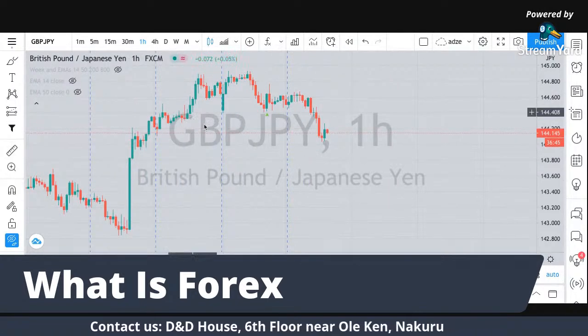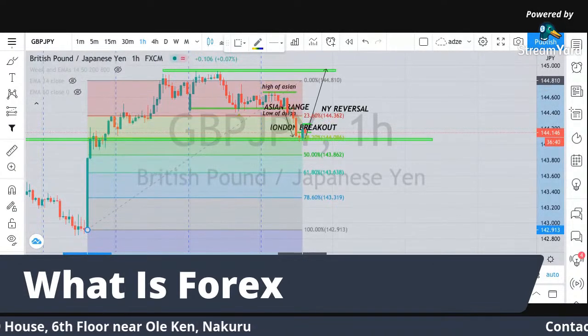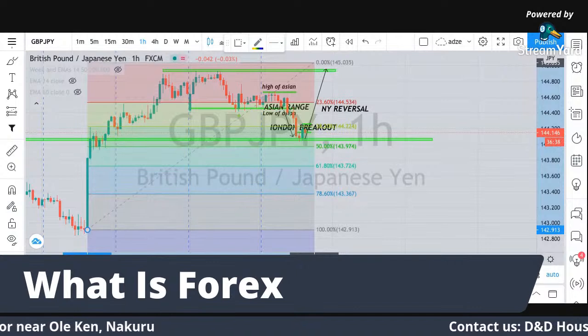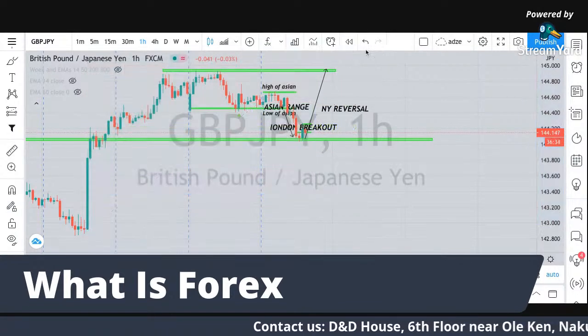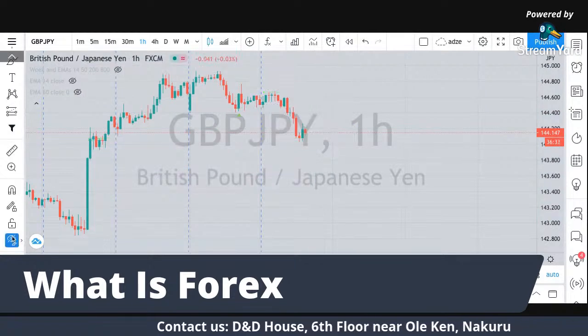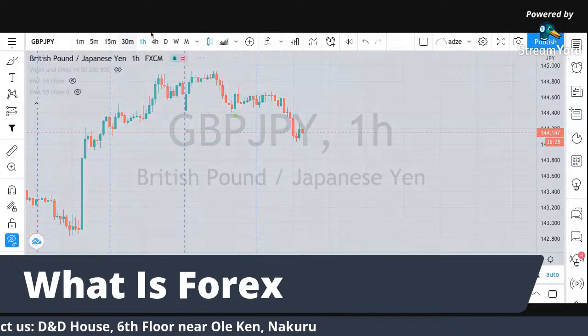Maybe if we throw in some Fibonacci, the Fibonacci guys, not yet there. It is there for them to take a buy.